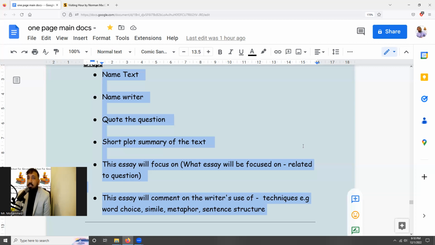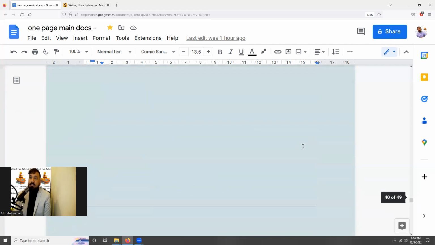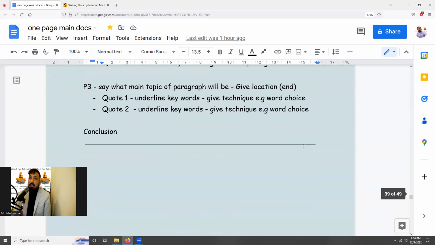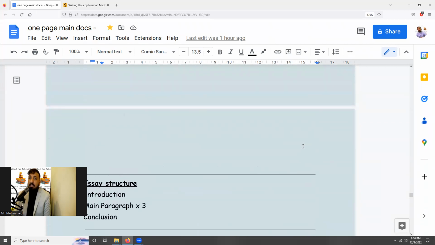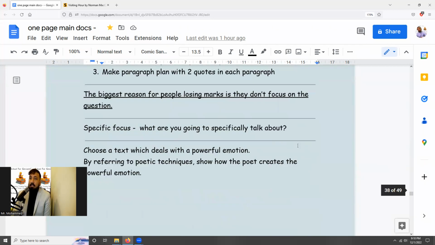Then what you want to do is quote the question. What this means is you literally just look at what the question says. For example, if we look at the question that we used last lesson, you look at what the question says and you just quote the important part. So remember when I said you underline the key part of the question? So you just now quote that.